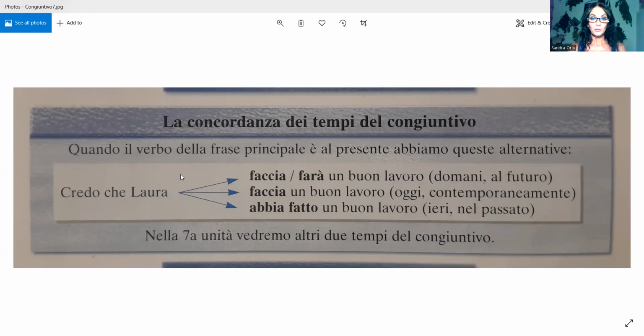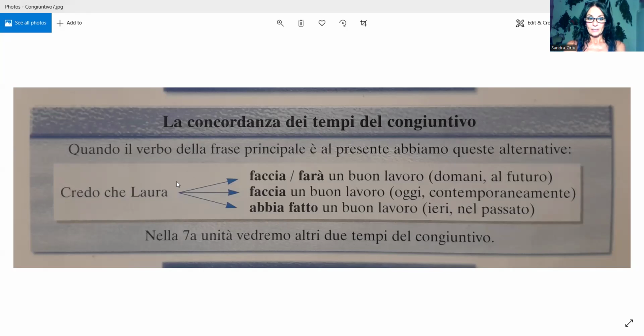So I believe that Laura what, and especially when are we talking about? Are we talking about something about Laura that is going to happen in the future? In that case, I'm sure it's something you have used already, probably with the future.